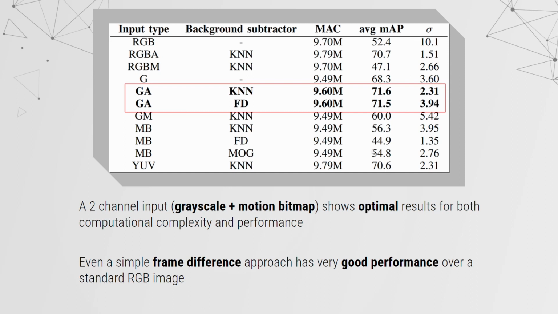This is because when we use only a motion bitmap input, when targets are close to one another, the network will only predict one bounding box compounding all the different targets. The additional data coming from the original image, when we merge it with the motion bitmap, allows the network to differentiate between different targets.